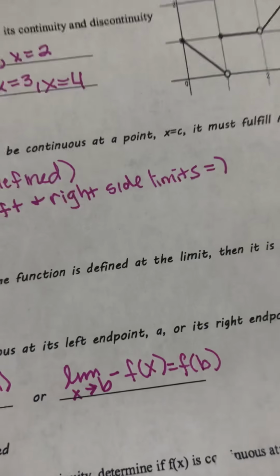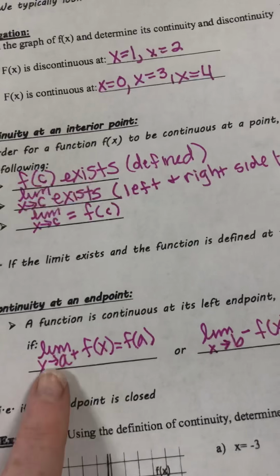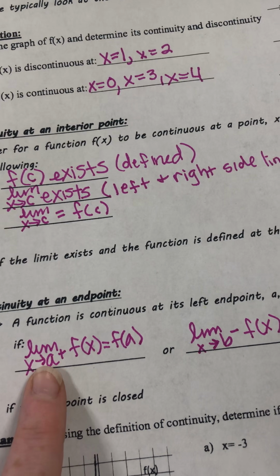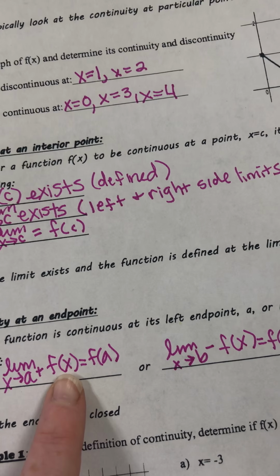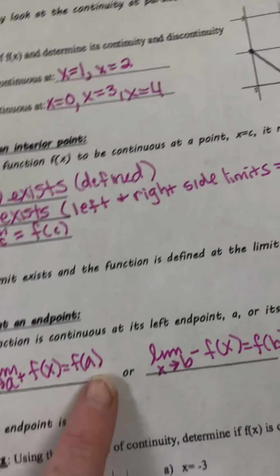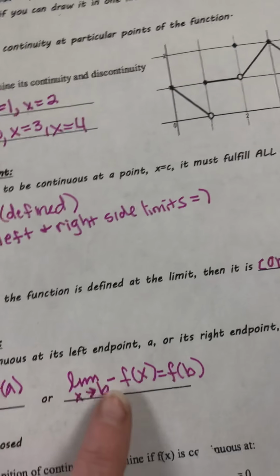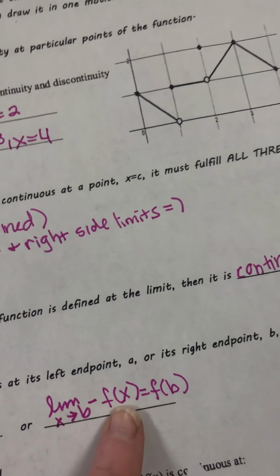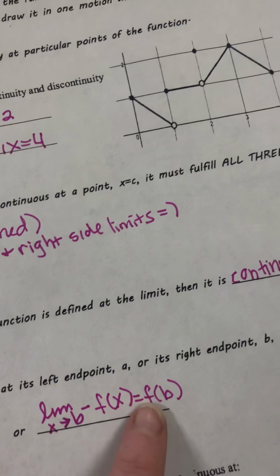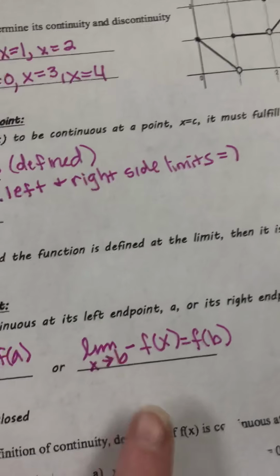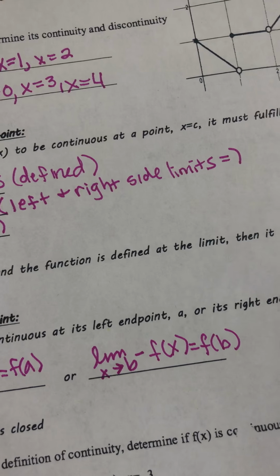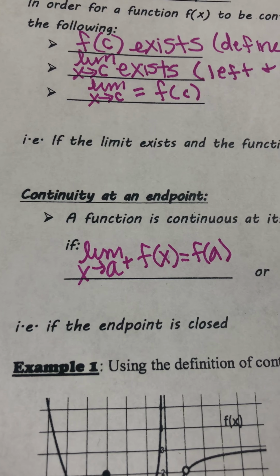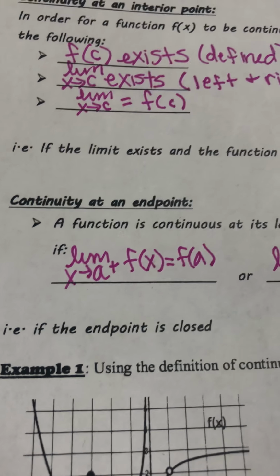Okay, so you're looking at a left endpoint and if its limit to the right side of it is the same as f of a, as if you just plugged in a, then it's continuous. And if you're on a right endpoint, if you look at the limit from the left of f of x, and it equals the same thing as f of b, if you just plugged in b and they're the same, then they're continuous on their endpoints. Okay, or i.e. if the endpoint is closed, then it's obviously continuous.